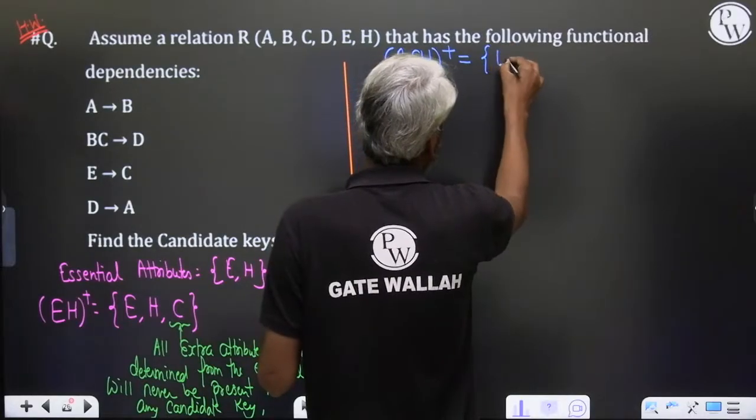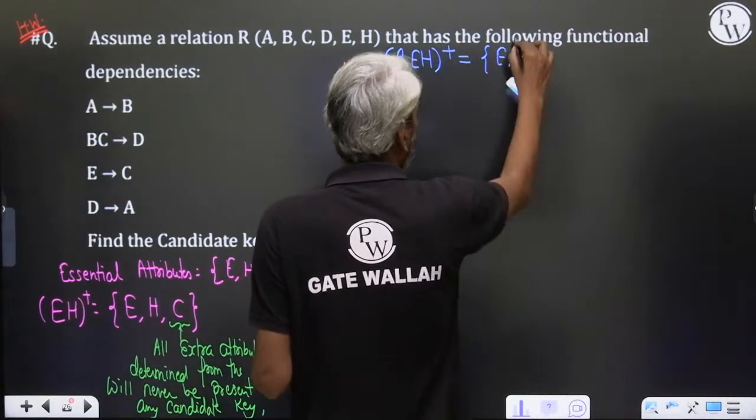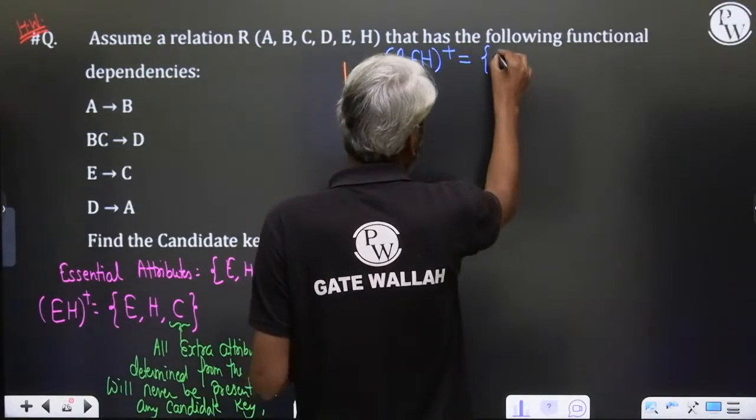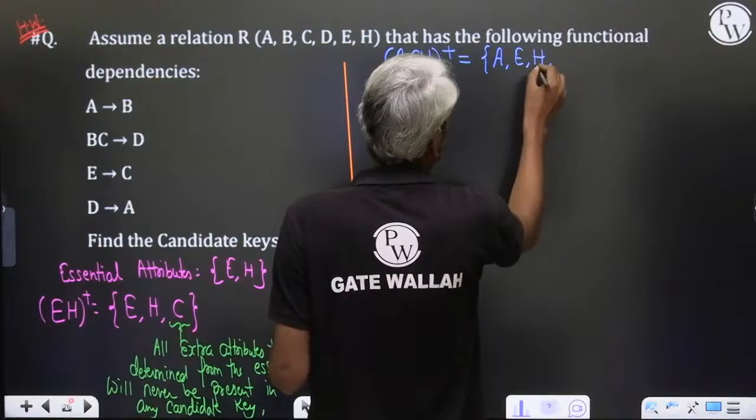So we said that E and H will always be there in the closure.